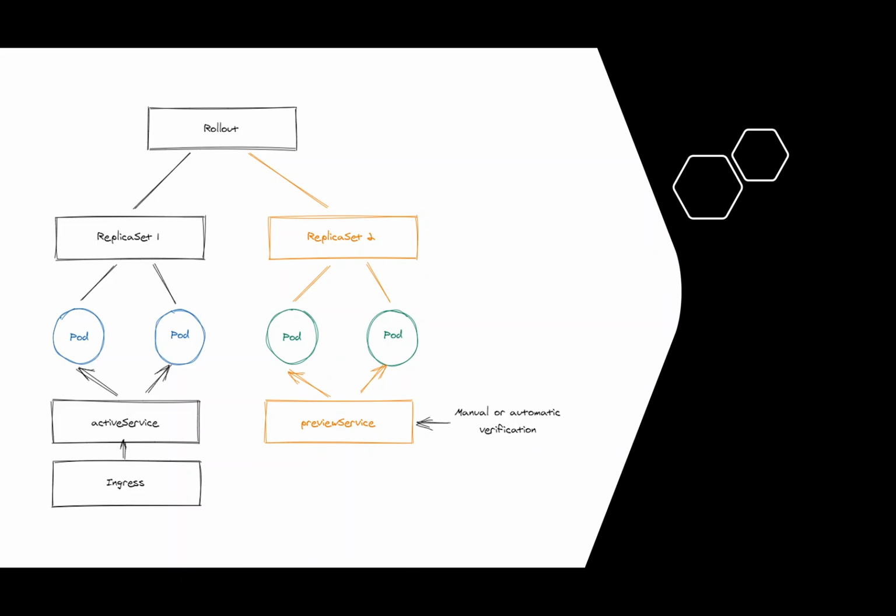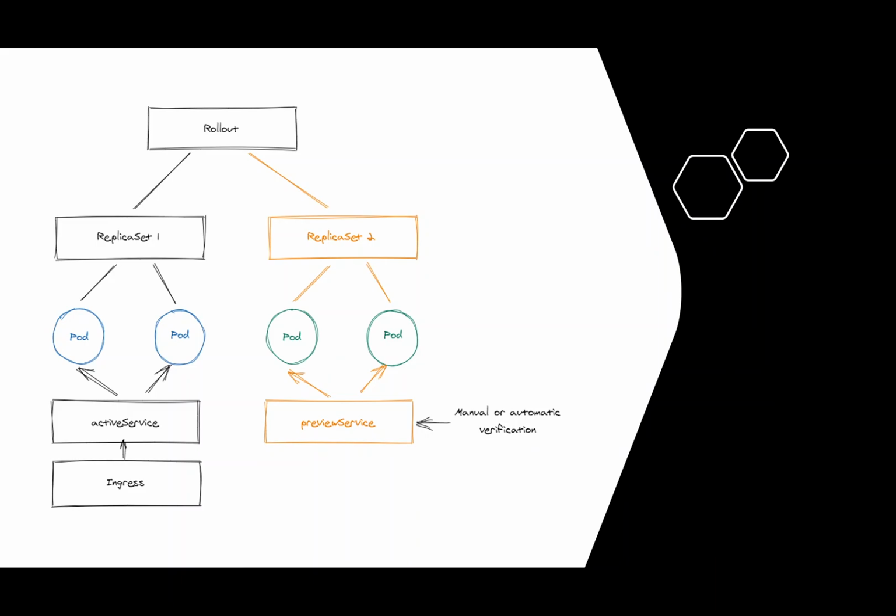Apologies for that, but doesn't matter, you get the point. And what will happen in this case is a preview service will be connected to it. Now you have to create that preview service in advance, but Argo will then actually make sure that the endpoints of that preview service are the new pods. And then you can use that preview service to manually or automatically verify if your service is working properly.